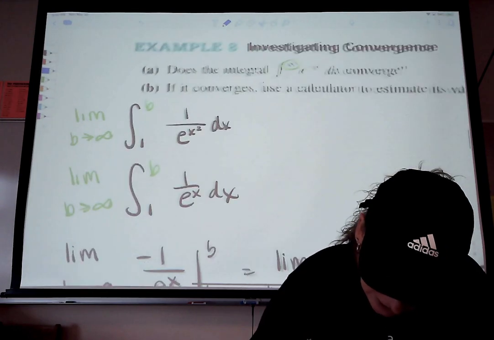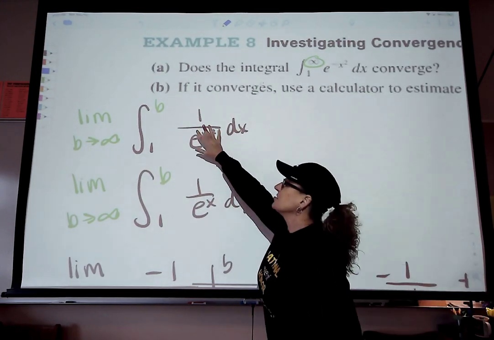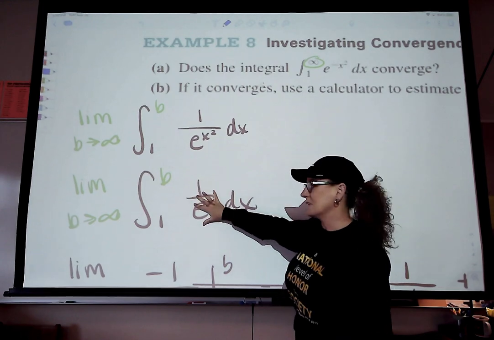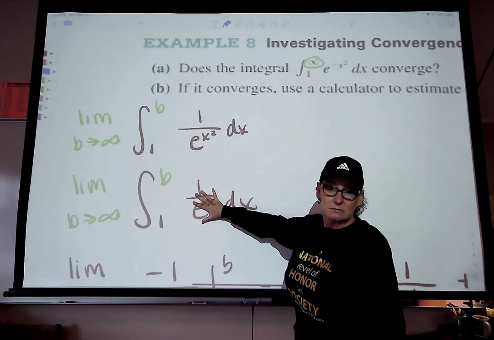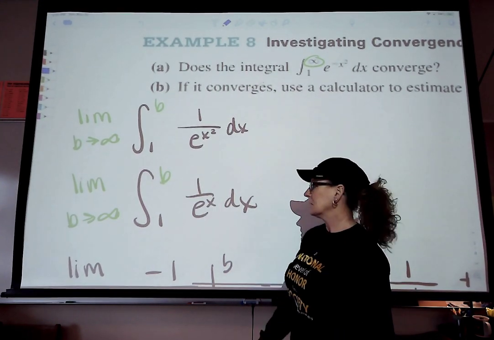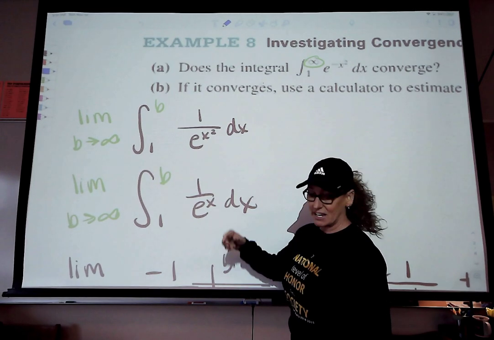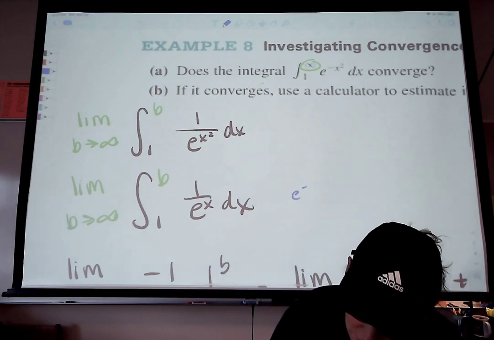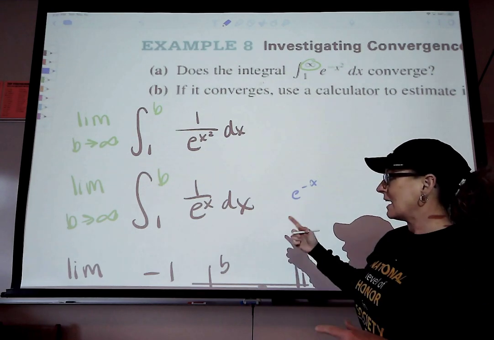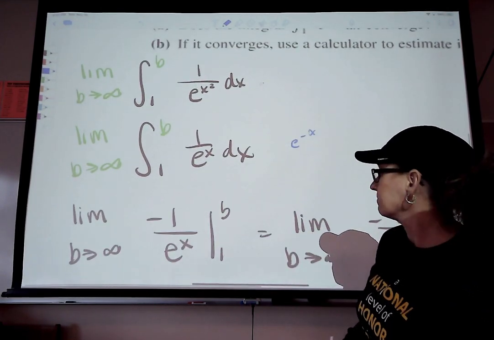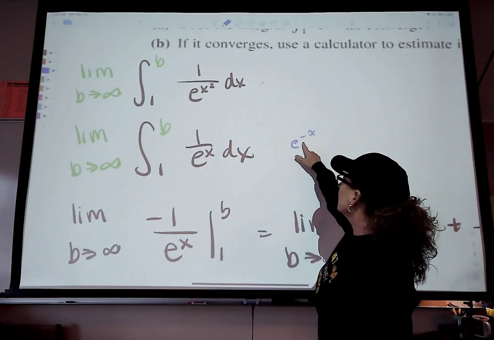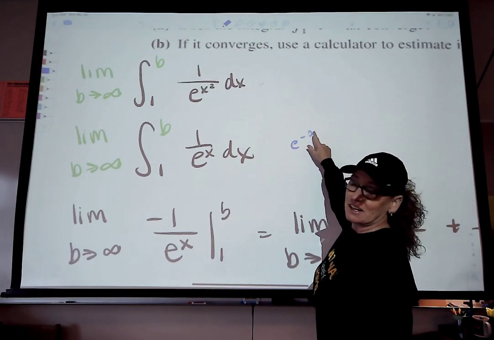So, I decided to ditch this integral and do this integral instead, because I can. Remember, this is e to the negative x. So I did an antiderivative on it. E to the negative x becomes negative e to the negative x.